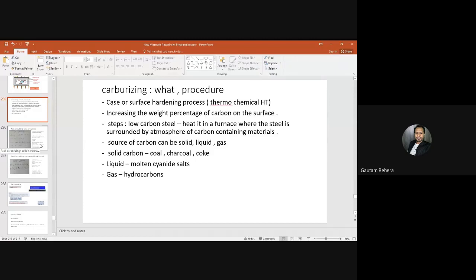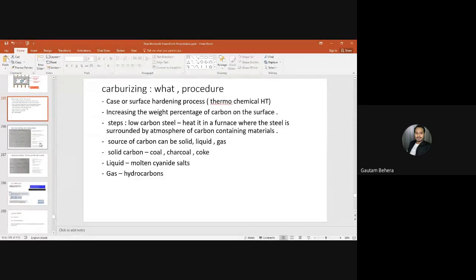But which kind of carbides? Not stable niobium or vanadium carbides. Suppose it is a plain carbon steel. If you remember, we basically choose carburizing heat treatment for plain carbon steels. Alloy steel is very rarely chosen, but sometimes we choose. But basically, we prefer low carbon steel because low carbon steel has good toughness. We have to increase the hardness or wear resistance of the case only, the surface only.